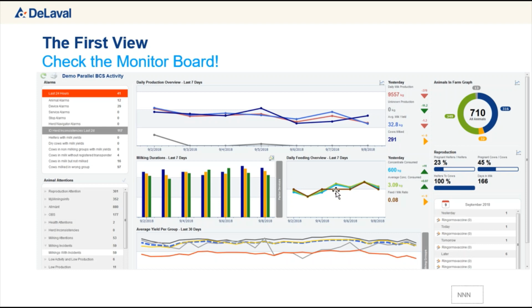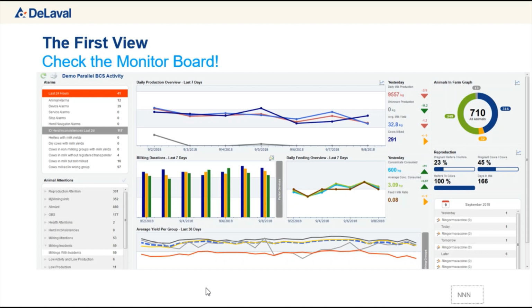Just beside this graph, we have another graph which shows what is the feed consumption in the farm. This graph will work if we have automatic calf feeder or automatic feed station in the farm or in parlor feeding.